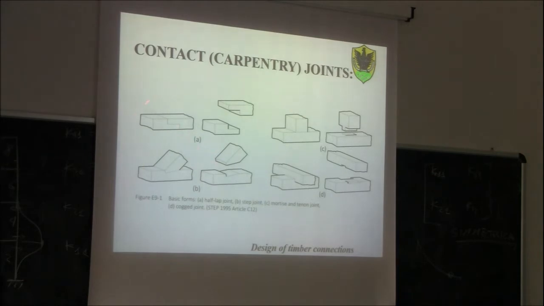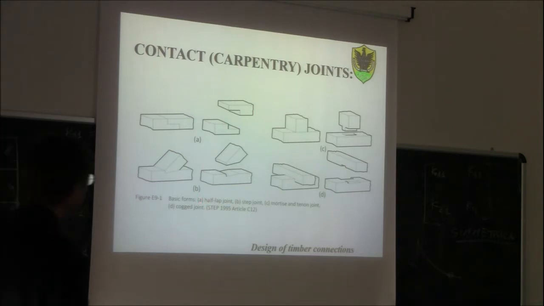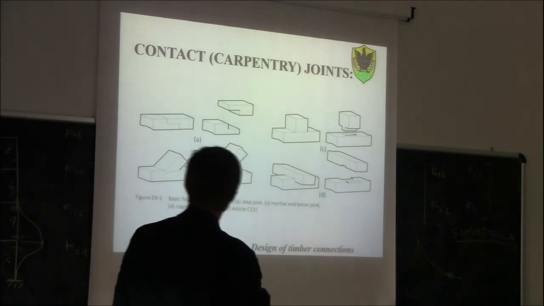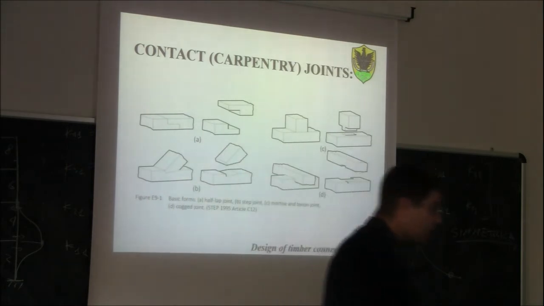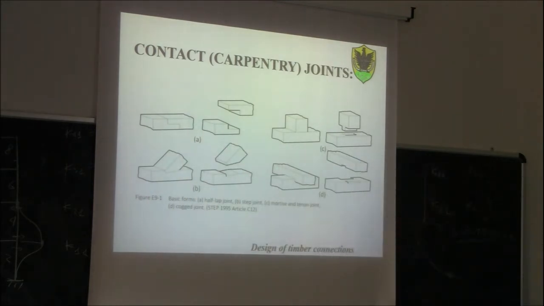Some typical possibilities here. So this connection, depicted here in A, takes the name of half-lap joint. Then this connection depicted in B, it's called step joint. There are also, to be honest, some Italian names for those connections, but I don't know them.